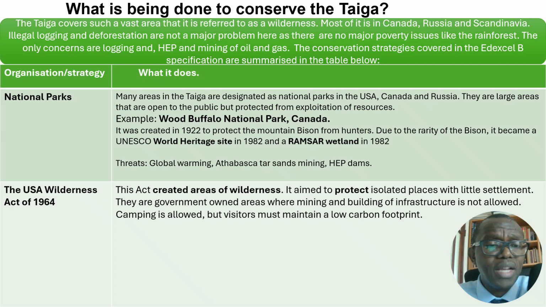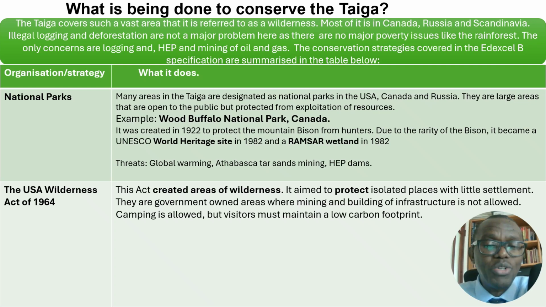The second strategy here is the USA Wilderness Act of 1964. These two, the national parks and the USA Wilderness Act of 1964, are very important ones to remember for the exam. This act created areas of wilderness, right?